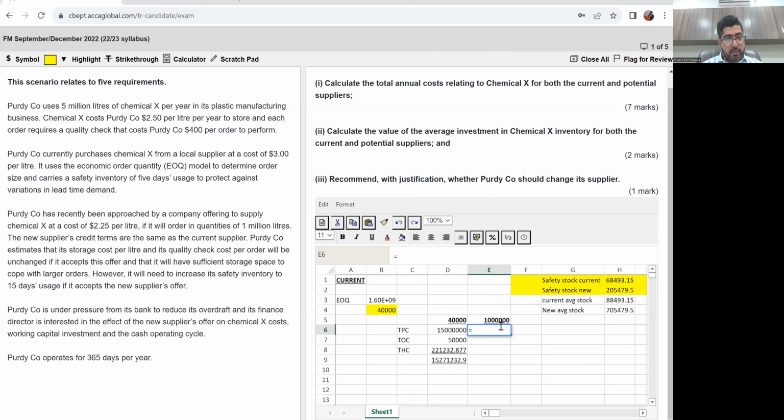Next one, total purchase cost. Here the purchase price per unit is 2.25 into annual demand, which is 5 million. Total ordering cost is C naught 400 into number of orders, that's annual demand over EOQ, 5 million divided by 1 million.